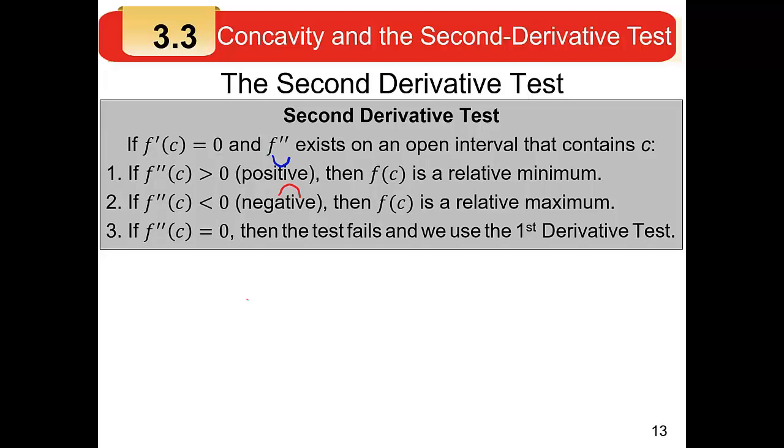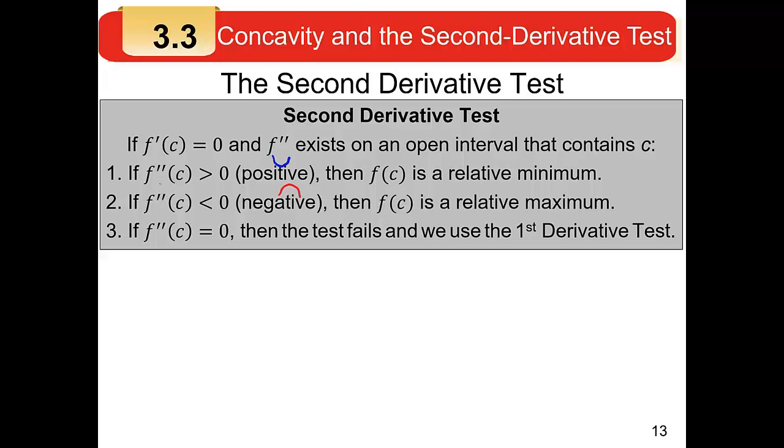If you start off with a function and the first derivative is 0, in other words, you're going to get your critical values, and the second derivative exists on some open interval that contains that critical value. If the second derivative at that critical value is greater than 0, meaning it's positive, a positive second derivative means you have concave up, which means you have a relative minimum.